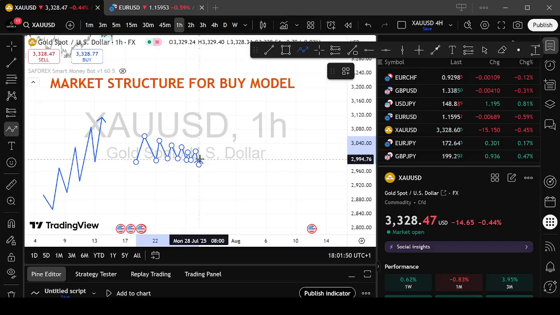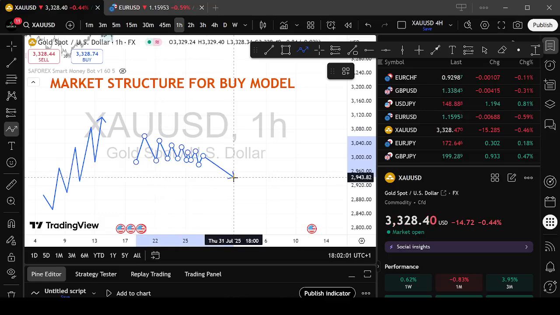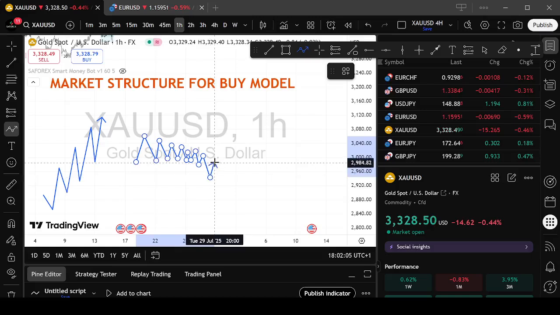Then after that it will do a manipulation to take out all of this slow movement. Then it will now pull up and do distribution.